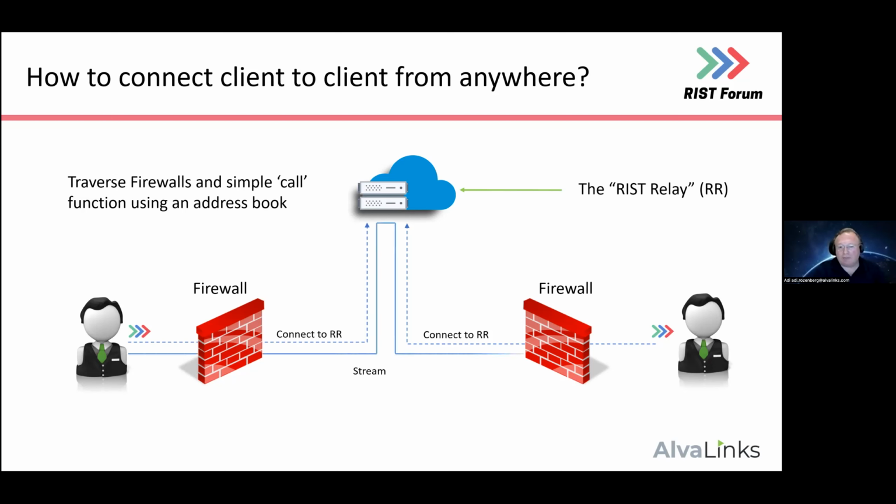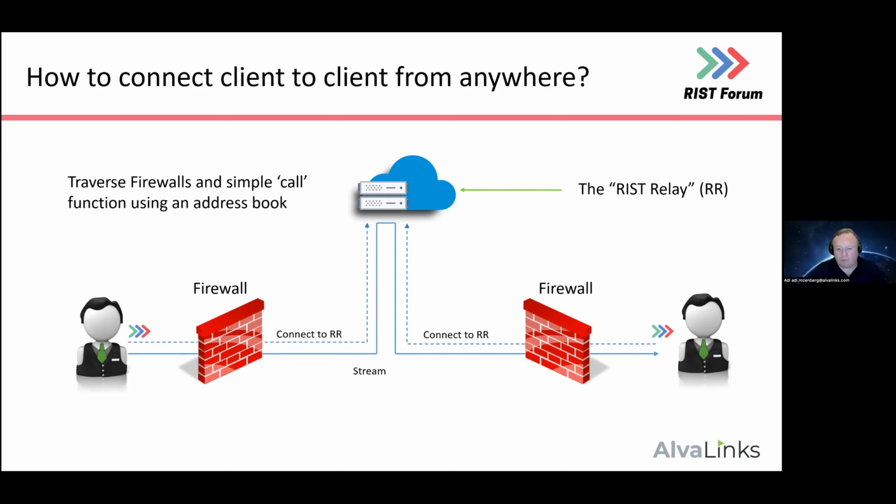So when we create a stream, a tunnel, whatever, it goes through the RIST relay. The RIST relay pipes the traffic through in any direction. So we overcome the firewall limitation. We have a secure, authenticated, and fast connection with minimum delay between the two peers. So we overcame the problem.